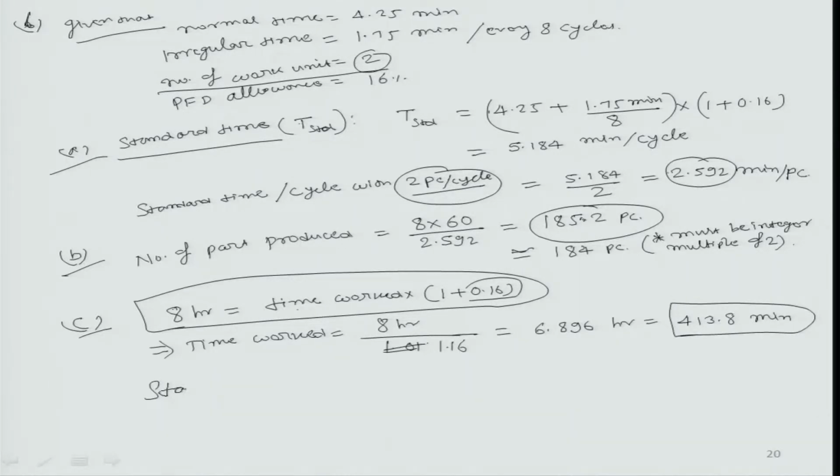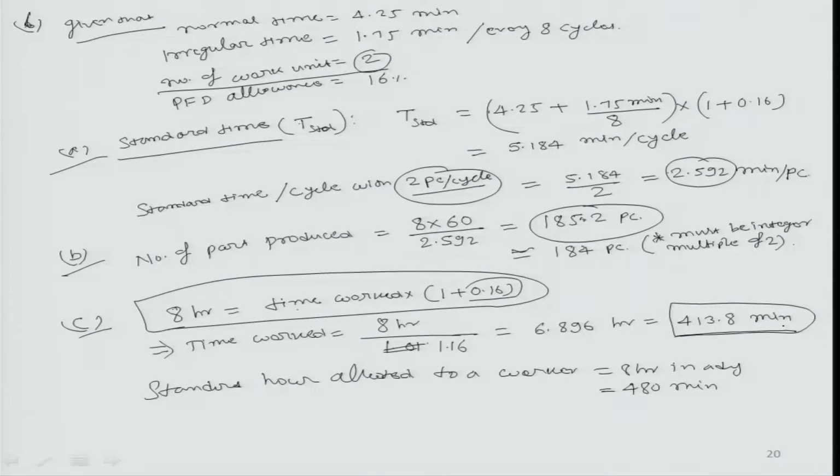Okay, so you can see that the standard time allotted to a worker, that is 8 hours in a day, means 480 minutes, but actually they have worked for only 413.8 minutes.